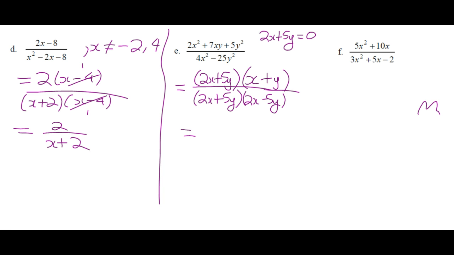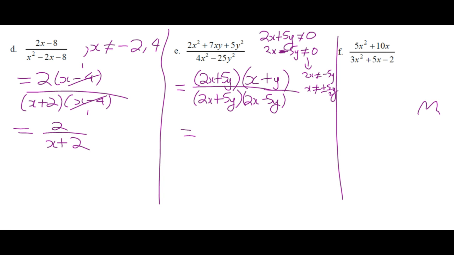When you're stating restrictions, it's like 2x plus 5y can't be 0, and 2x minus 5y can't be 0. I'm probably going to leave them like this. You could solve those. 2x is not equal to negative 5y, and x is just going to be plus or minus 5 halves y.